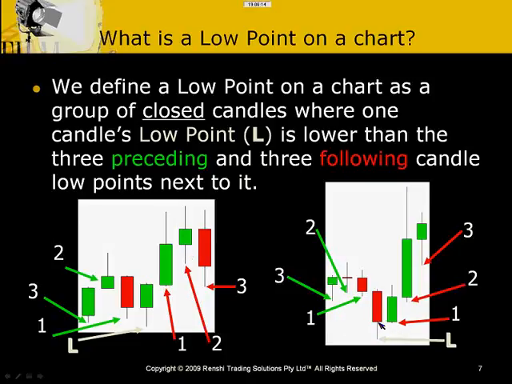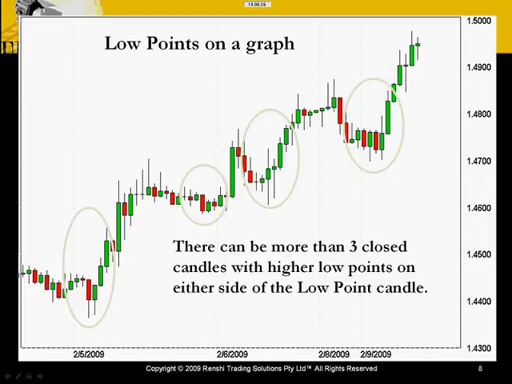The important part is just to find the extreme low. And here's the example on the same chart. There's your lows. And of course, here are our highs that we just looked at.